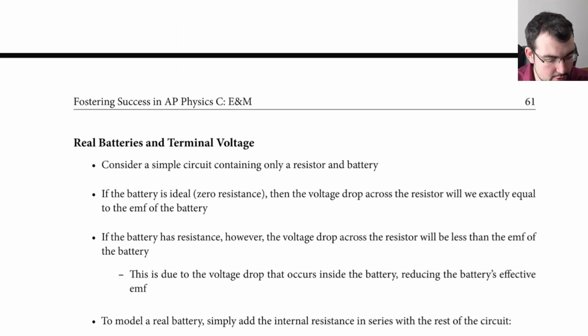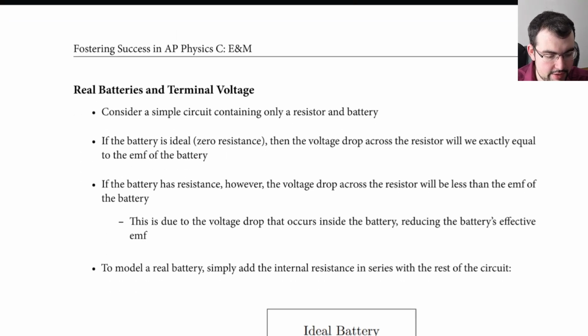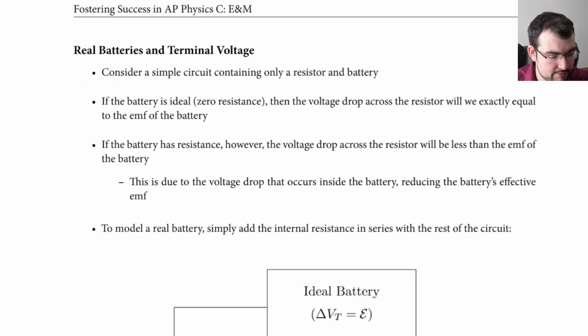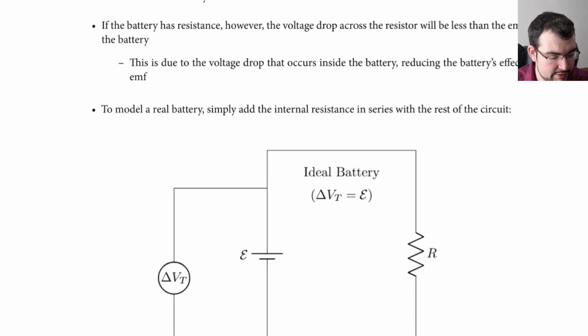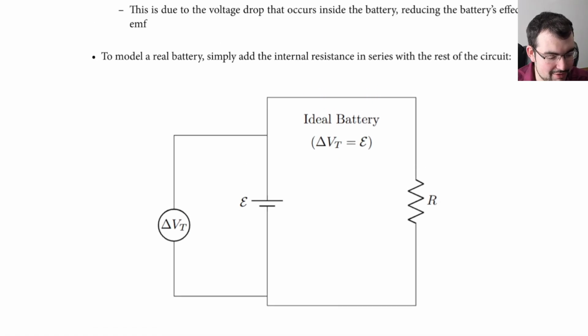A consequence of the loop rule involves what we call real batteries. So we have been pretending that our batteries do not have internal resistance. And this is our ideal battery, where if you just connect the battery to the resistor and you measure your voltage across the battery, its EMF doesn't change no matter what you connect it to.